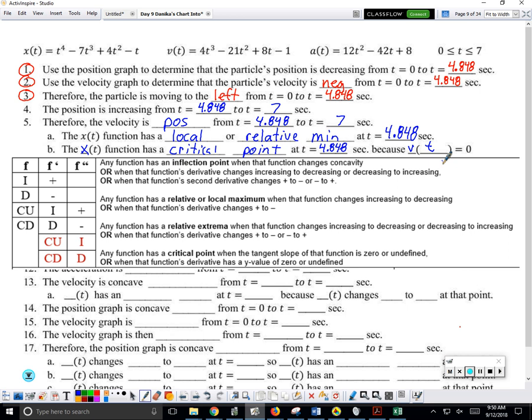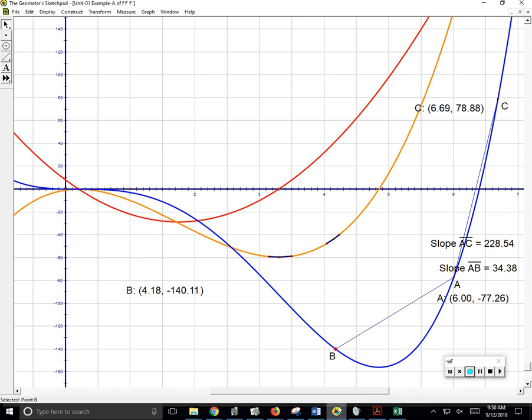Those two things coincide. But the critical point is on the position graph. It's not on the velocity graph. But you can find the critical point on the position by noting the value of the velocity. So these two line up perfectly again. You want me to say that again or differently or talk about anything related?